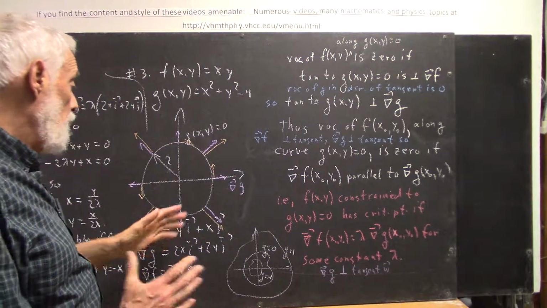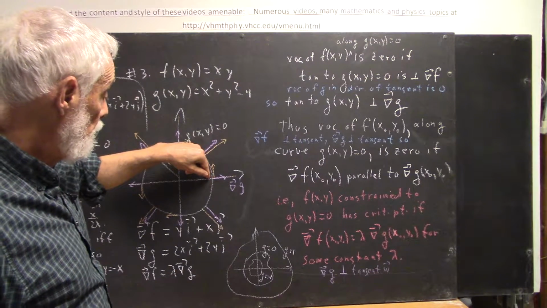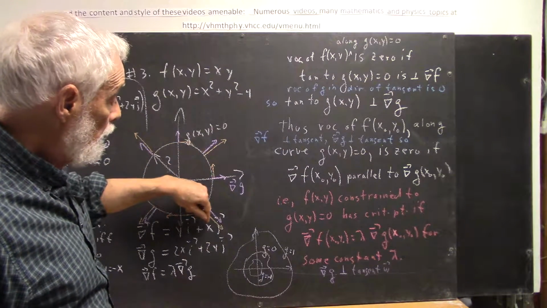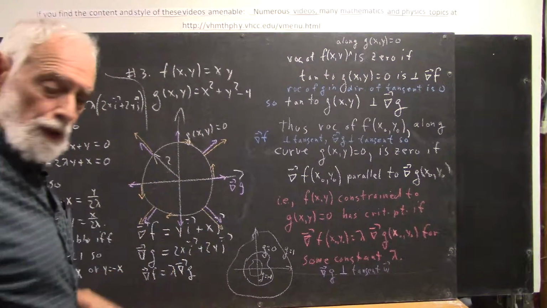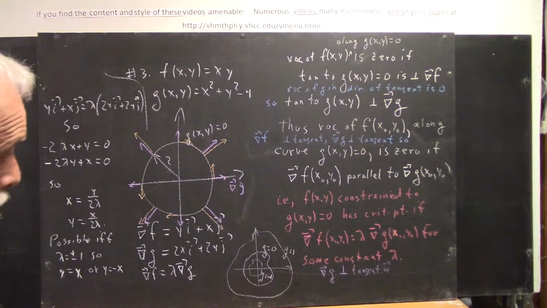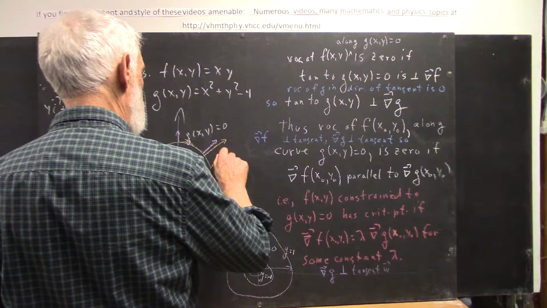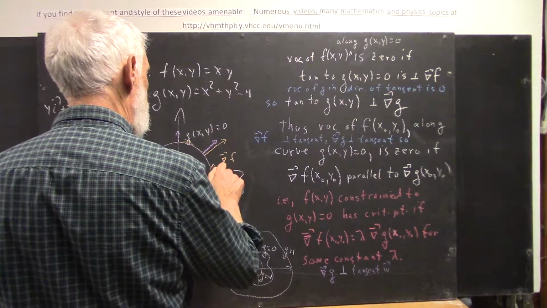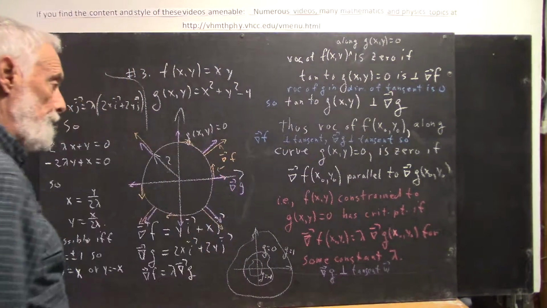Now if you do y i plus x j at this point, x is 2, y is 0, so you have no i, 2j. So the del F vector, which I probably should go ahead and label, is going to be this.